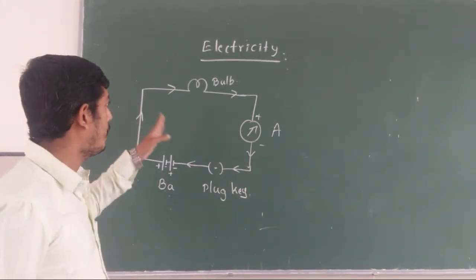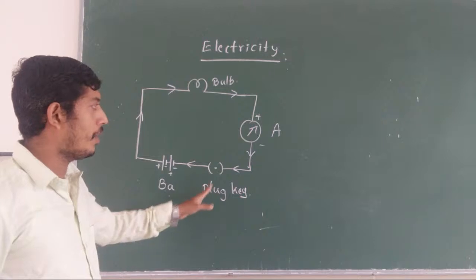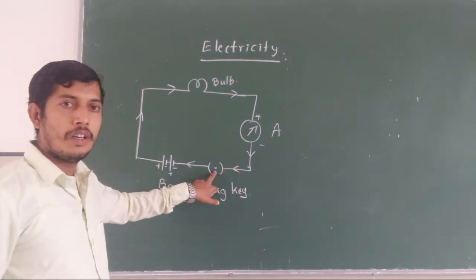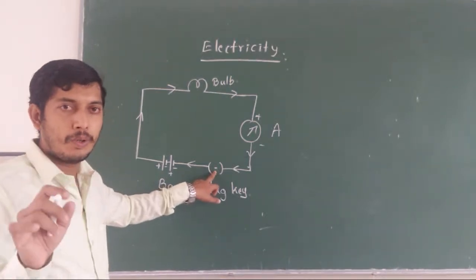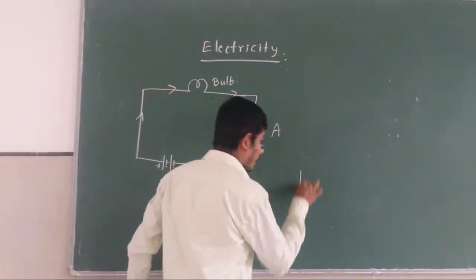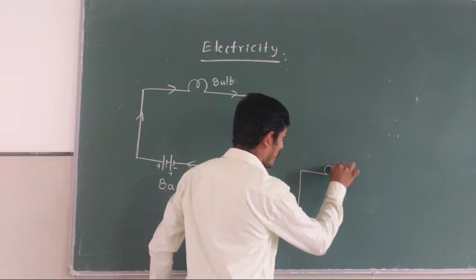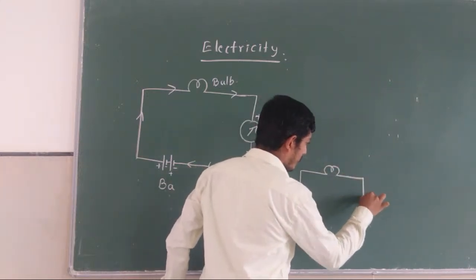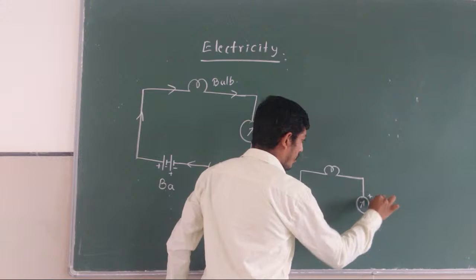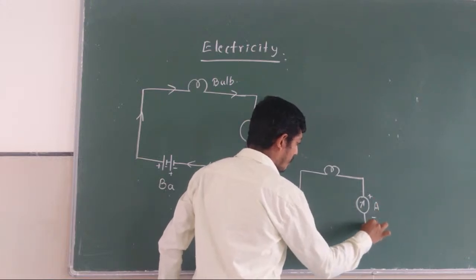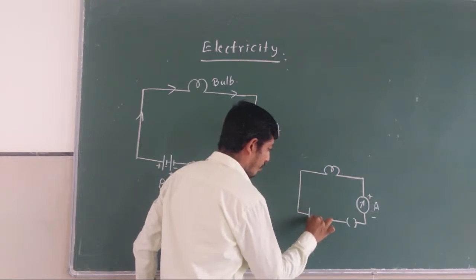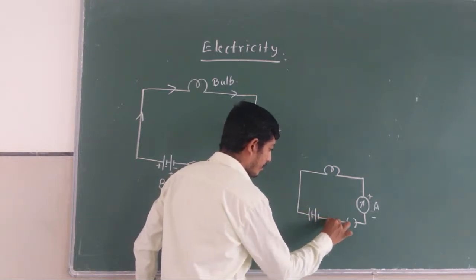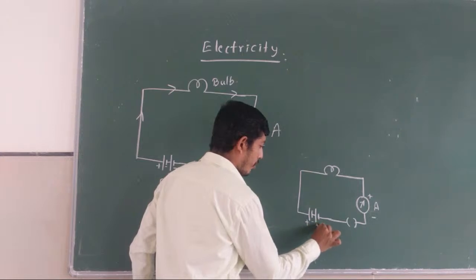It shows the bulb, then the battery and the plug key closed. For a complete circuit, the plug key must be closed. For example, if you consider another diagram, this is positive, negative, this ammeter, and here if you want to represent the battery, it is positive, negative, positive, negative.